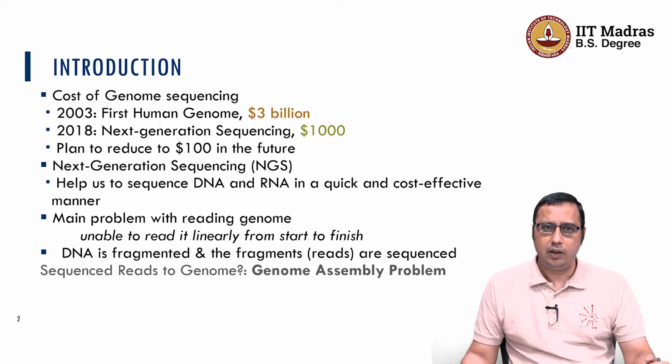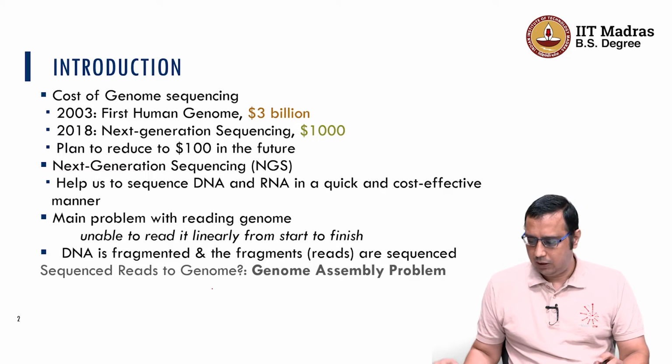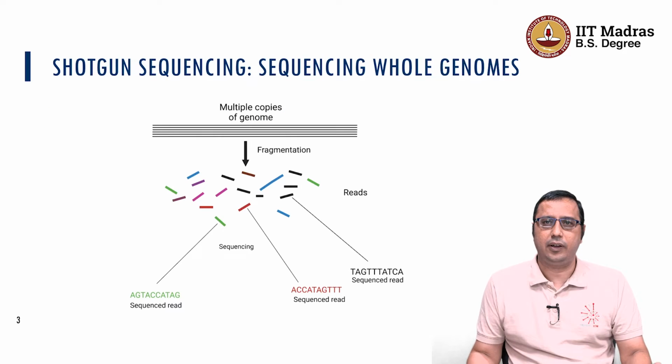Now we have a set of sequenced fragments or reads, and the objective of the genome assembly problem is to convert sequence reads into a genome. And why is it challenging? Let's discuss it.